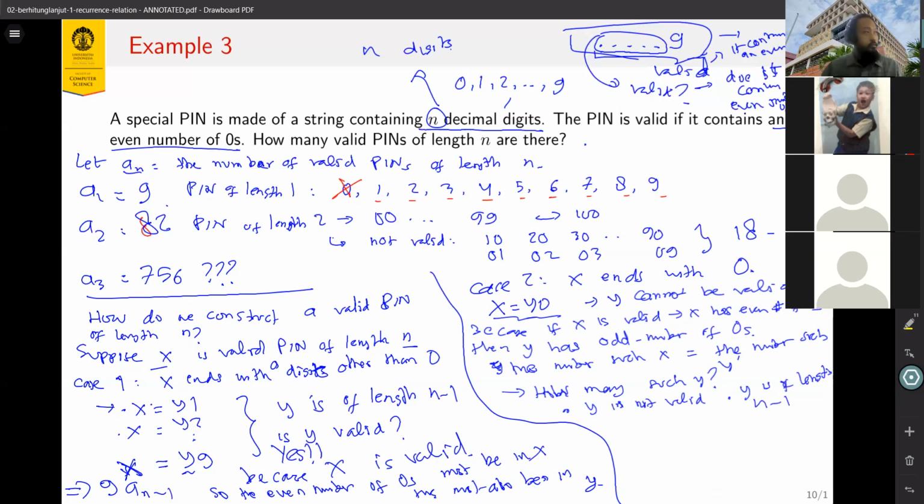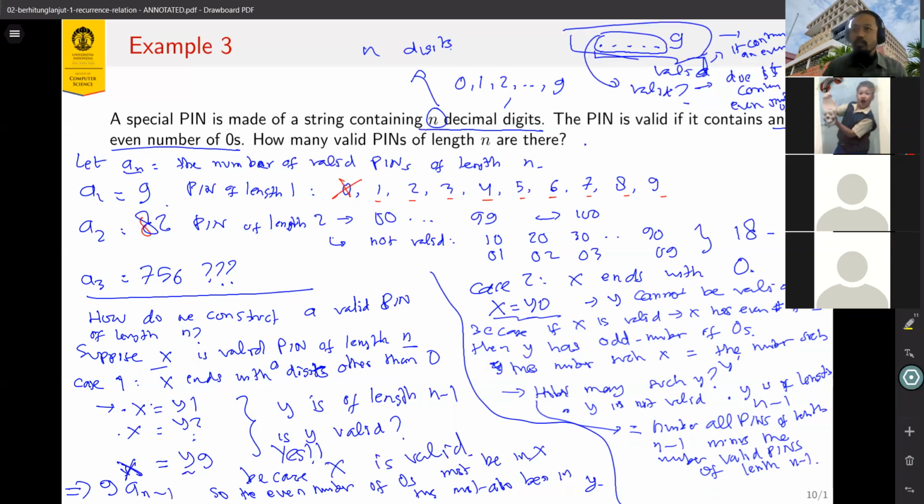So how many such y's? Well, the number is equal to the number of all pins of length n minus 1 minus the number of valid pins of length n minus 1. Is it correct? Yes.